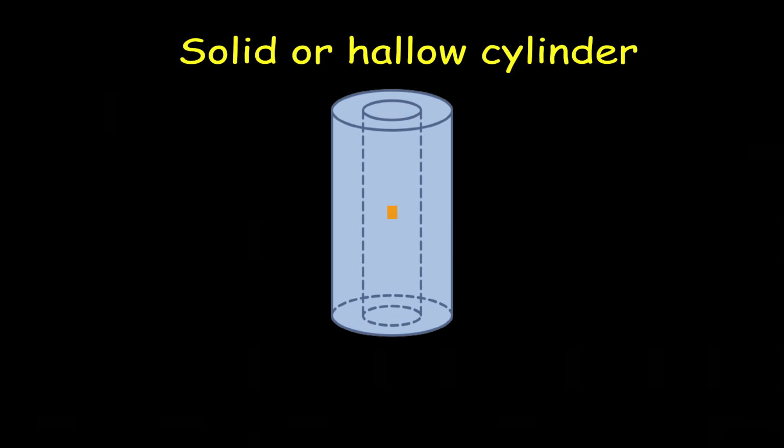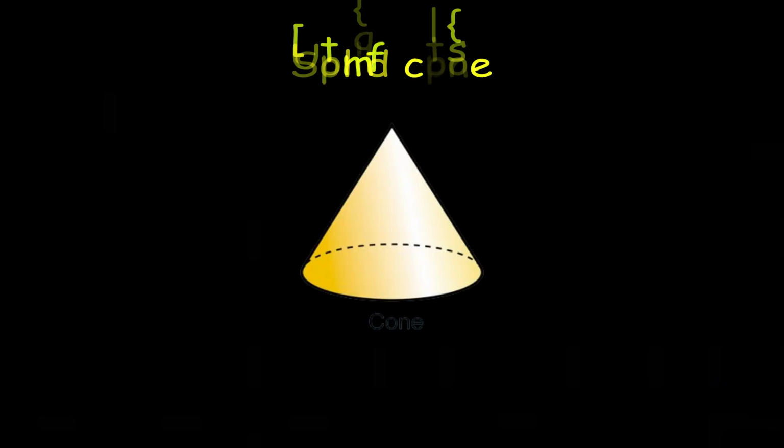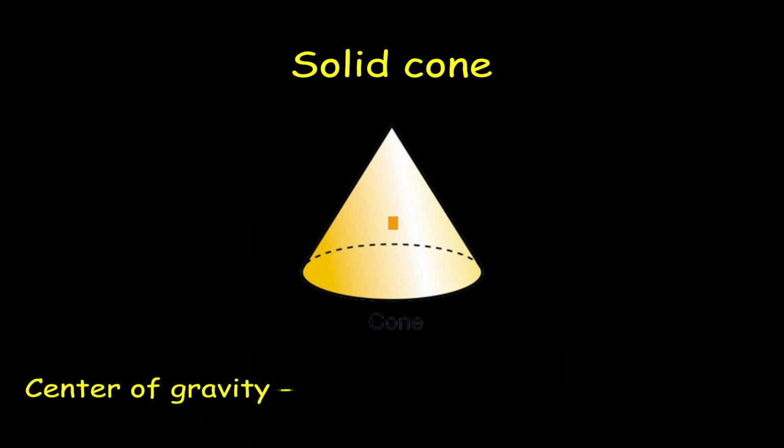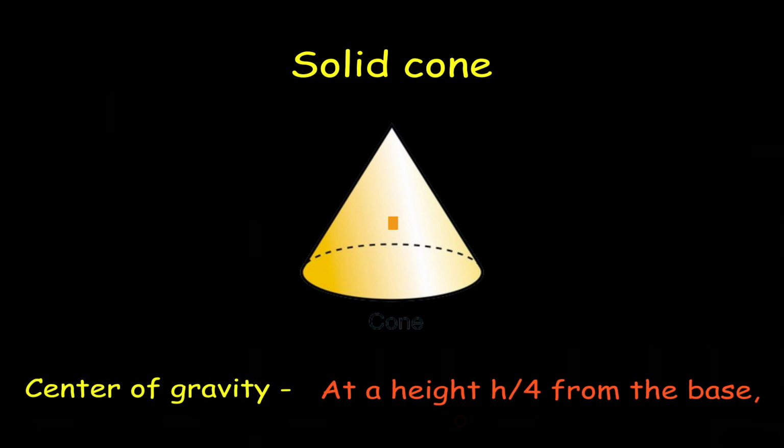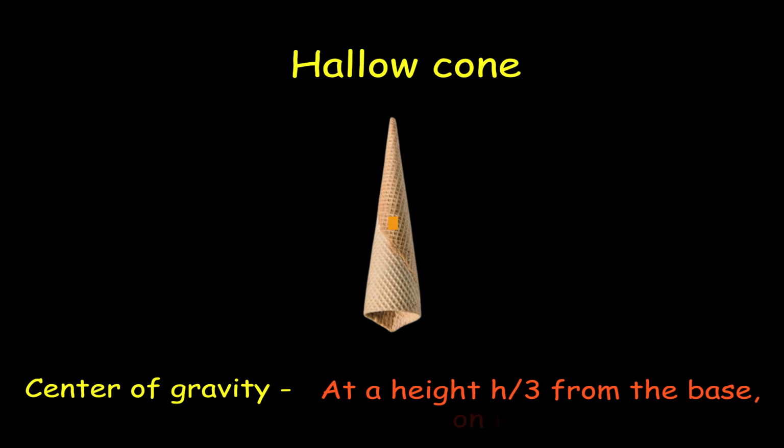For a solid or hollow cylinder: midpoint of the axis of the cylinder. Next, solid cone: at a height h/4 from the base on its axis. Next, hollow cone: at the height h/3 from the base on its axis.